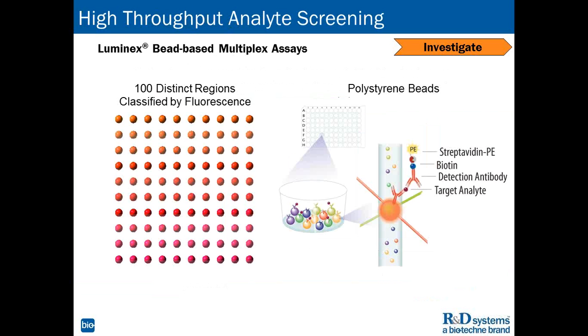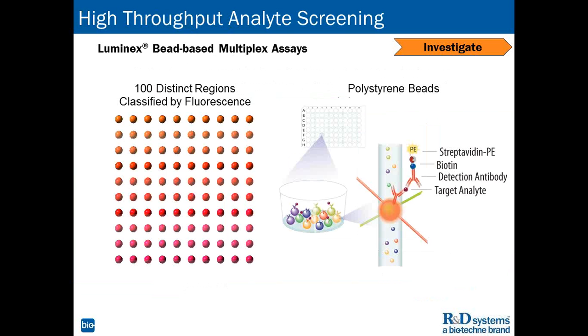In addition to the standard ELISA, I wanted to introduce you, in case you weren't aware of it, to the Luminex technology, which I think is a really powerful tool that a lot of the stem cell community is not aware of. It is basically a sandwich-based ELISA, but in a bead-based format that allows you to look at multiple analytes in a single very small sample.